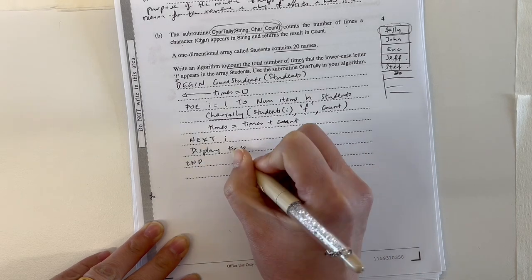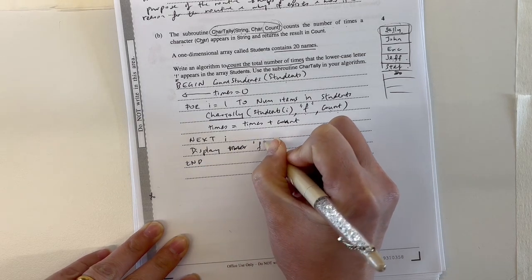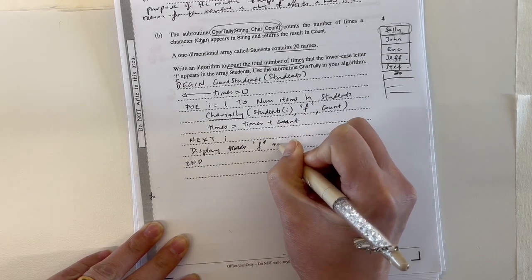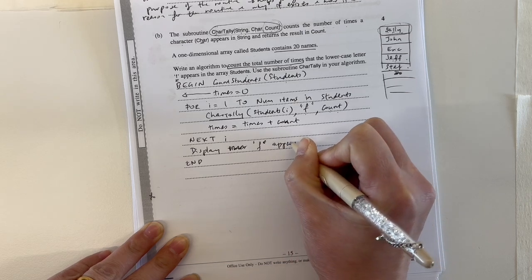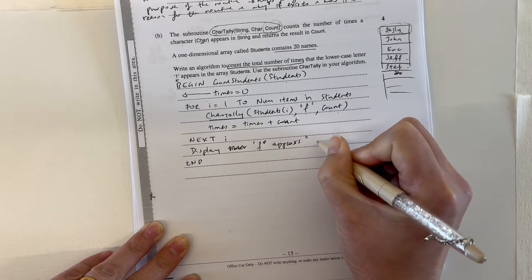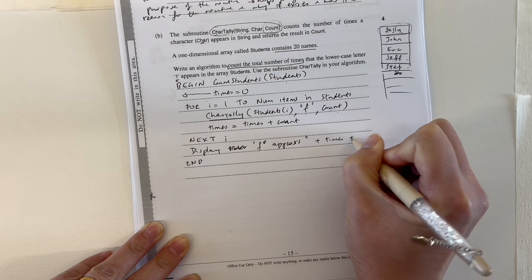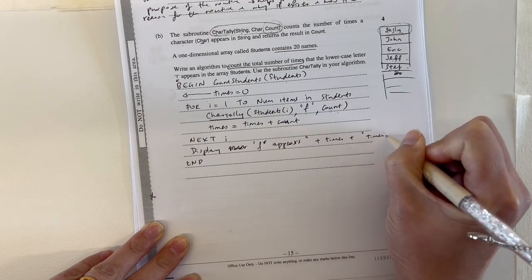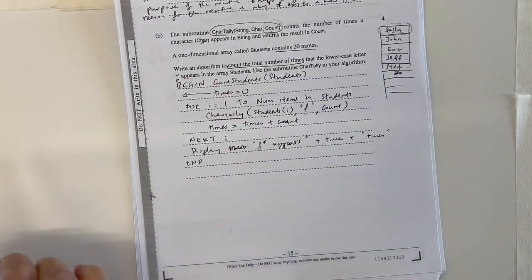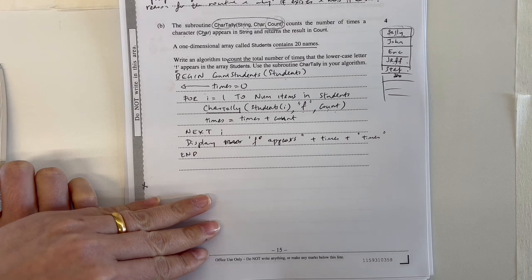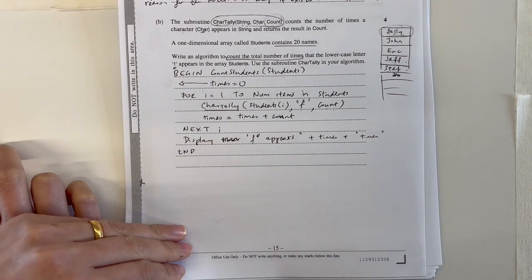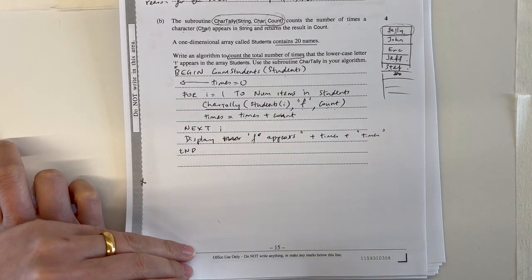If you have time, you can say F appears, and then times, if you want to make it nice and informative for your user. Okay, so hopefully that's helpful.